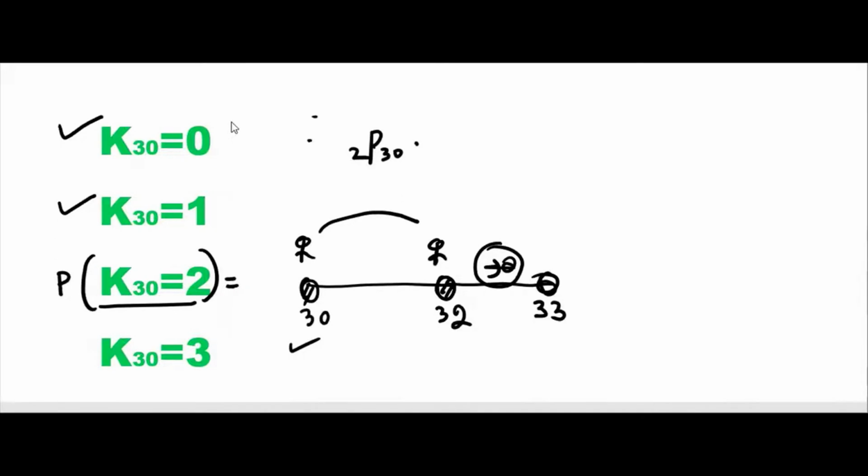Not only that, he has to die here. So we'll write this one, Q. Let me write P32, Q32. Sorry, this is 32 to 33.